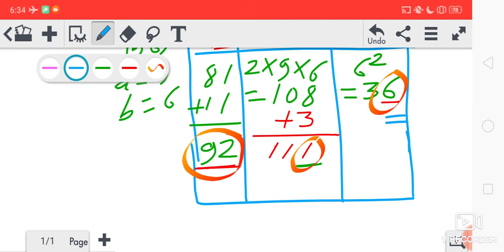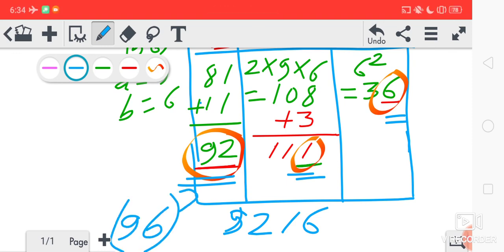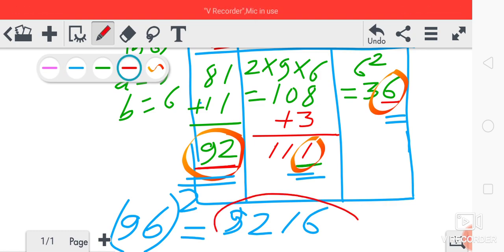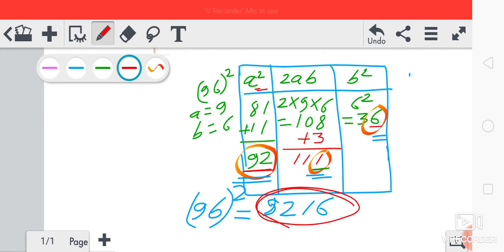This 6 we'll write here, this 1 we'll write here, and in the first column both the digits, 92. Okay, so what was our question? 96 square. So 96 square, how much have we got? 9216. Okay, so this way you can solve by which method? This is your column method.